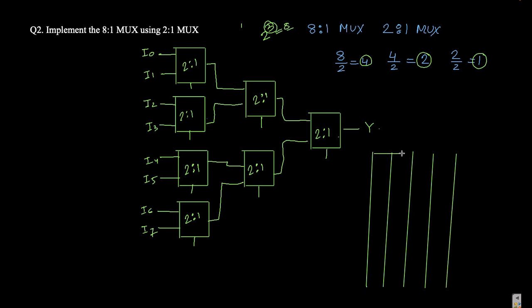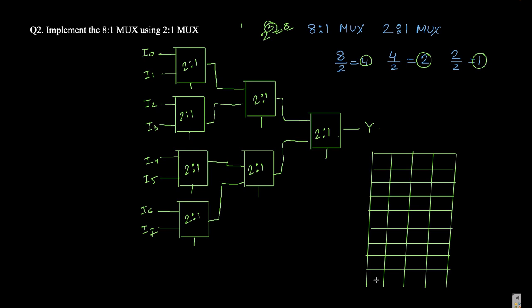Now take 8 rows: 1, 2, 3, 4, 5, 6, 7, and 8.